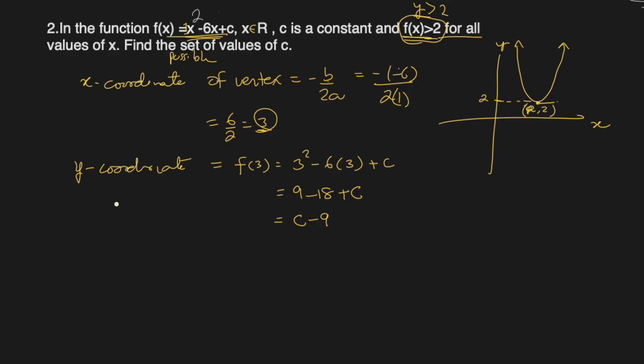Now they said that for all values of x, f(x) will be greater than 2. So c minus 9 is more than 2. Then only this condition will be met, which gives us c is greater than 11. Not 11, but greater than 11. That is the set of values of c.